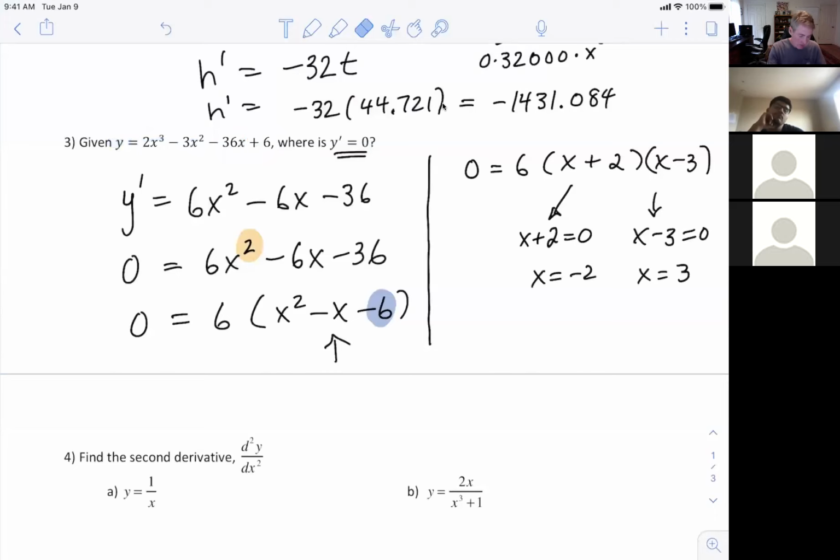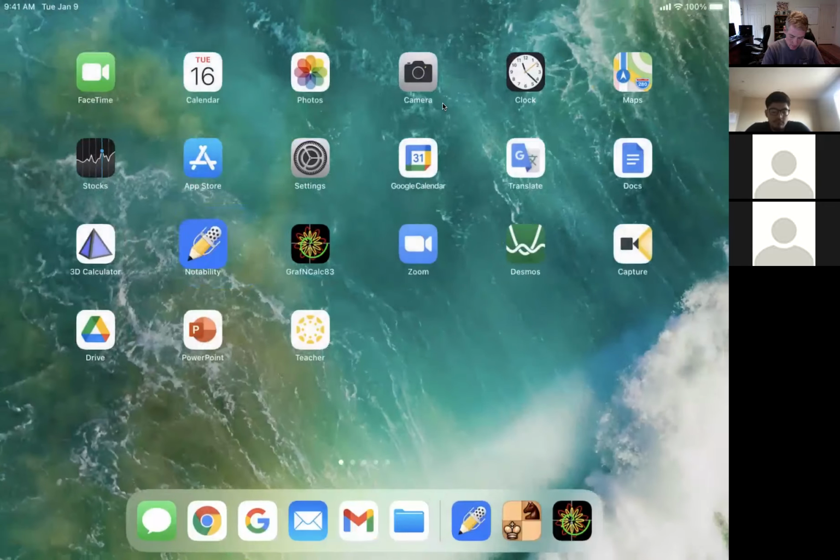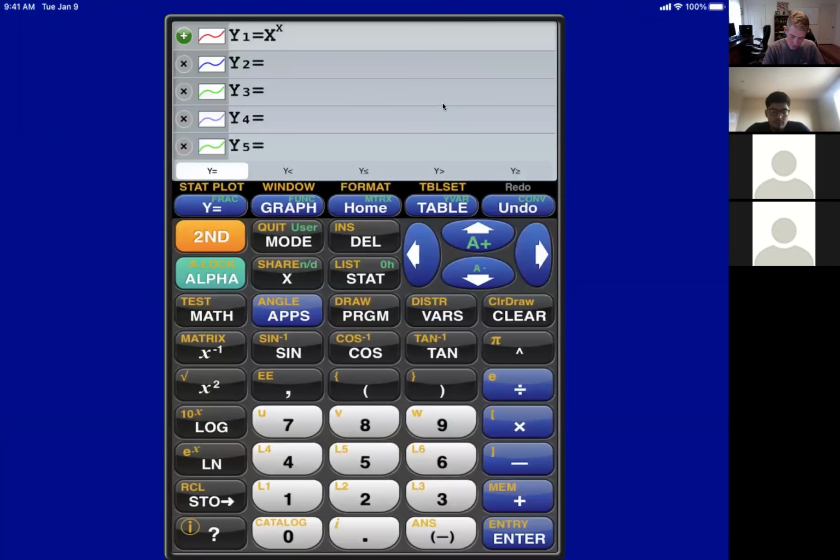So now I'm going to graph the original problem and see what's happening at negative 2 and also at 3. So y equals, the original problem was 2x raised to the third minus 3x squared minus 36x plus 6.